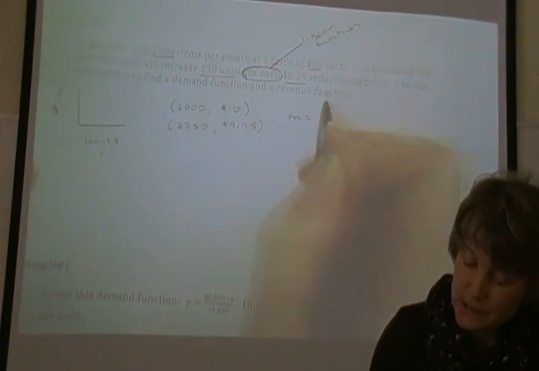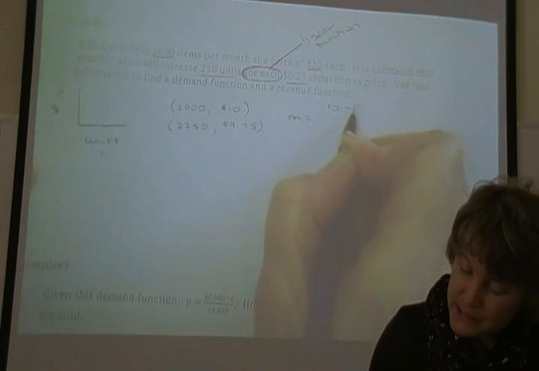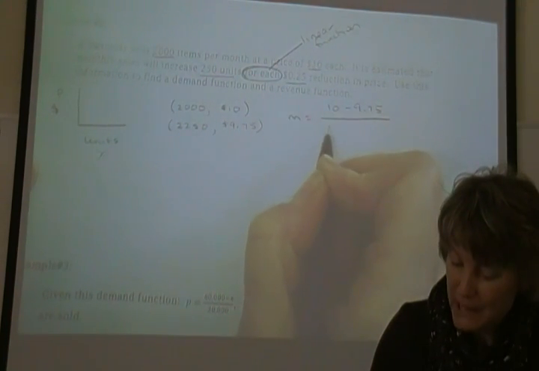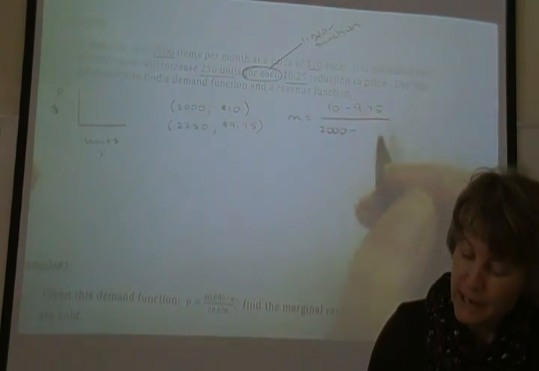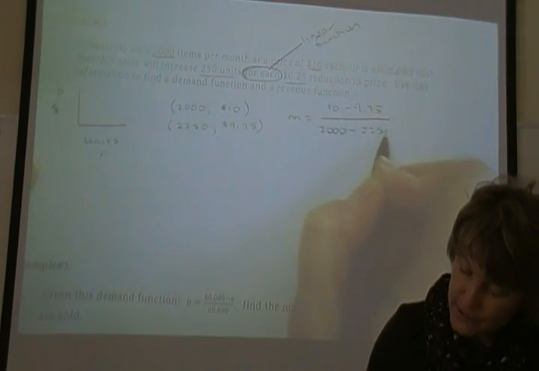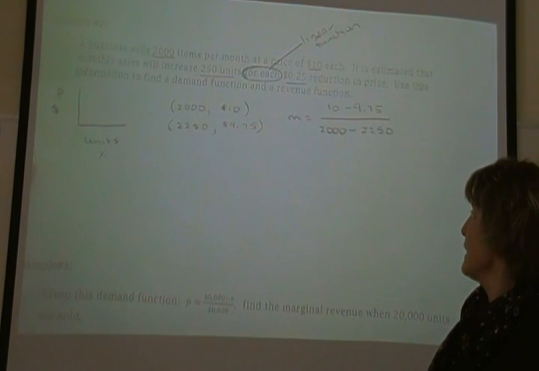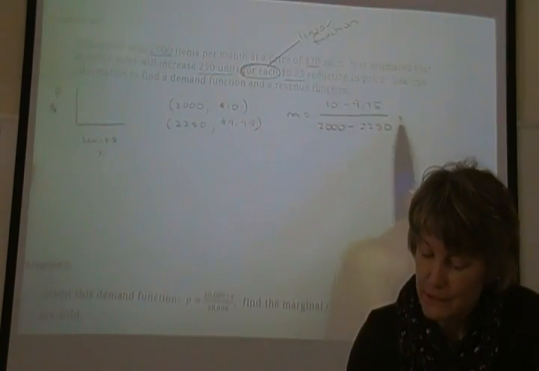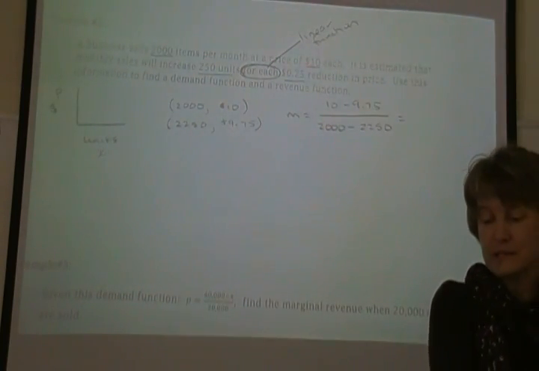My slope is the one y value minus the other y value over the matching x value minus the other x value. So you want to match the 10 with the 2,000 and the 9.75 with the 2,250. You're going to subtract and divide and get a slope.